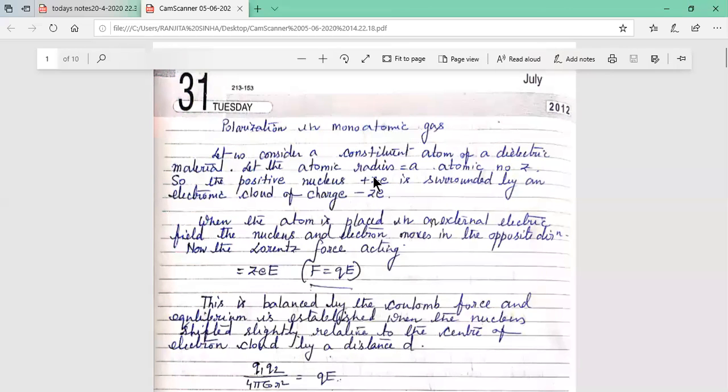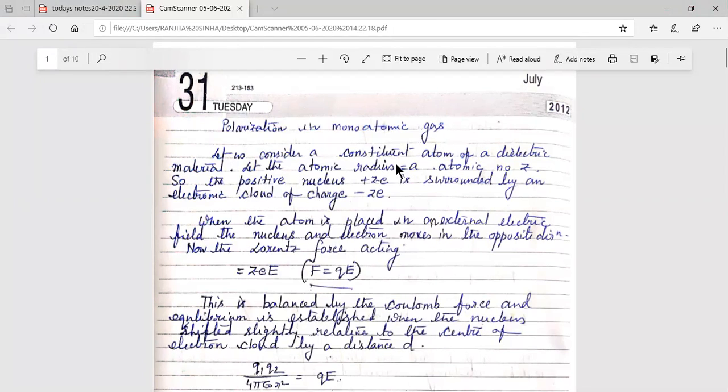Now, polarization in monoatomic gases. Let us consider a constituent atom of a dielectric material.